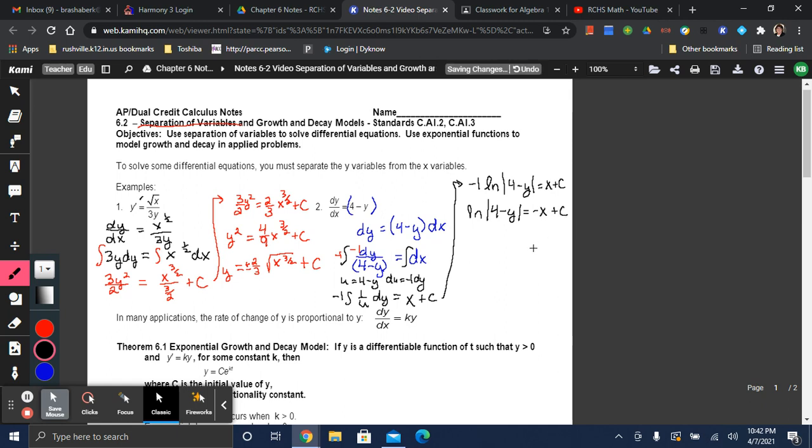So -x plus c. And so now we're ready to convert this to an exponential. So your base is e, your power is the -x plus c, and we're going to work with the positive 4 minus y and not have the absolute value.